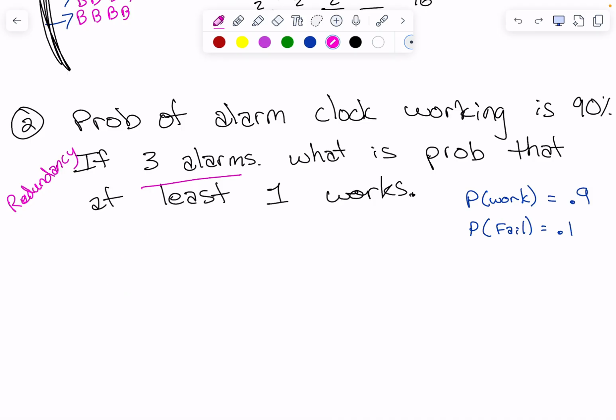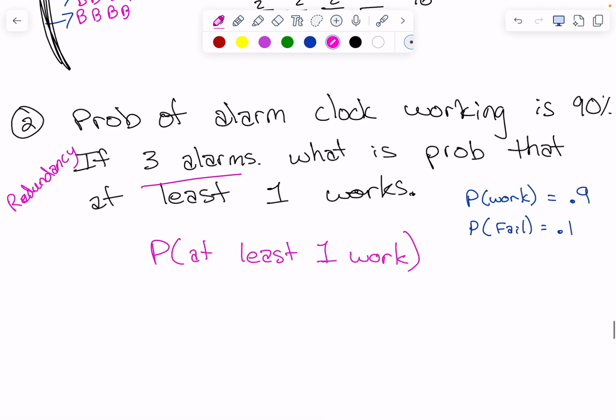But now we're doing 3 of them. So I want to find the probability of at least 1 working. That's what I'm trying to find, all right? Now, the only way that at least 1 of them is not going to work is if all of them fail. So I'm going to do 1 minus the probability of none work, right?